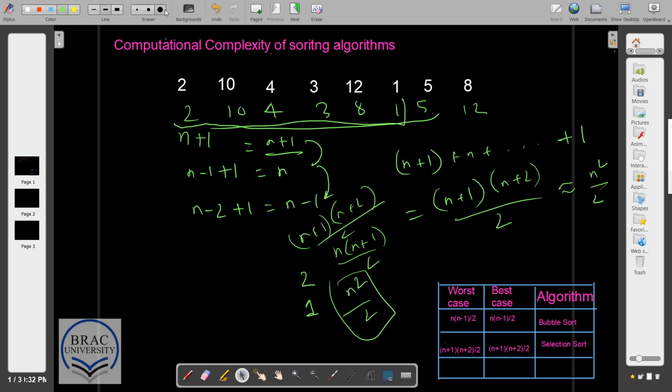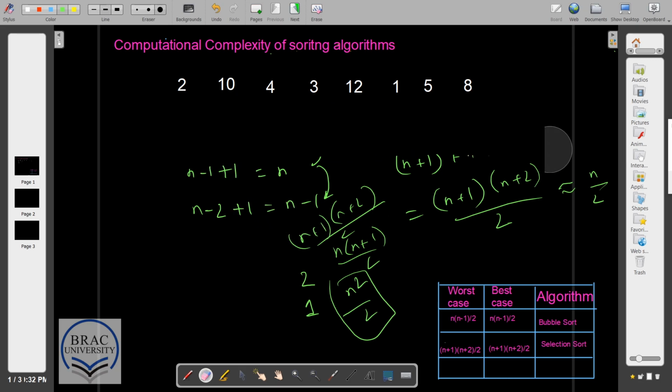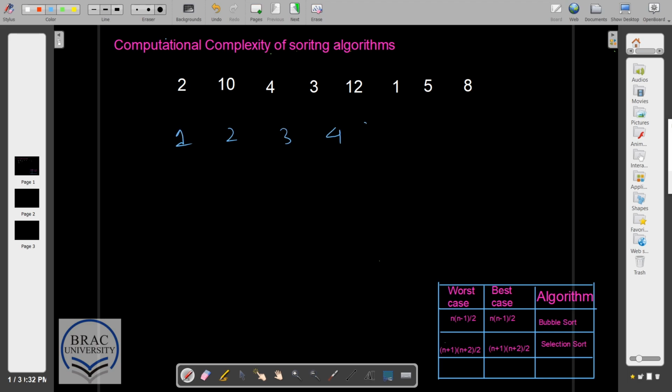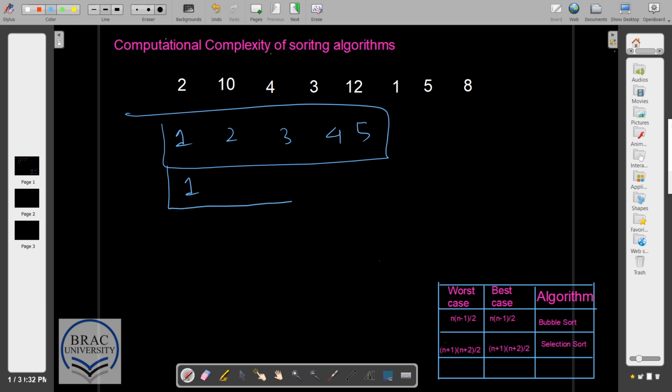Then we find the computational complexity of the insertion sort algorithm. Insertion sort is a bit different. If we had some already sorted array, then it would just make n comparisons. It will compare 2 with 1 and see that they're fine.